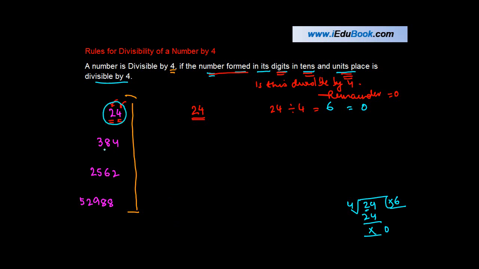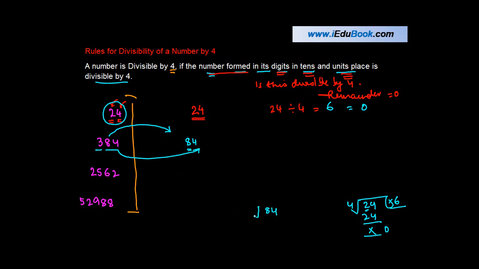Let's talk about a larger number, 384. What is the number if I cherry pick the digits at tens place and units place? Tens place I have 8 and at units place I have 4. So instead of finding out whether 384 is divisible by 4, I just need to find out whether 84 is divisible by 4 or not.